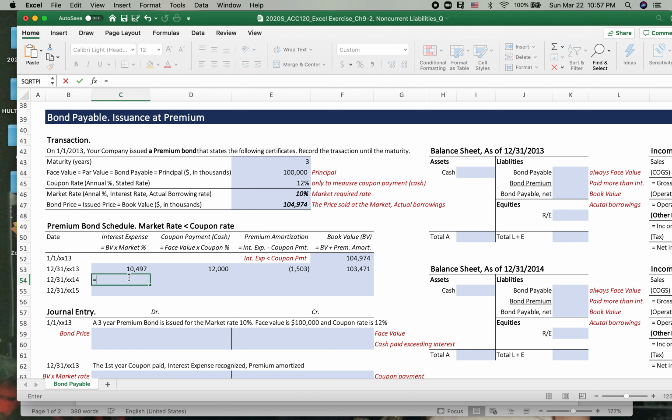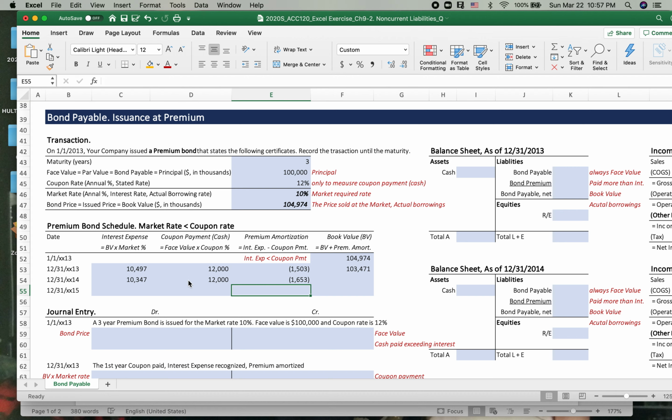Then next year, the borrowing has been reduced to 103,471, times still the 10% market rate, because it is the actual borrowing and borrowing rate. The coupon payment is not related to the market rate; only the coupon rate is used to measure the coupon payment. Then the difference between the two, one more time, is the premium amortization.